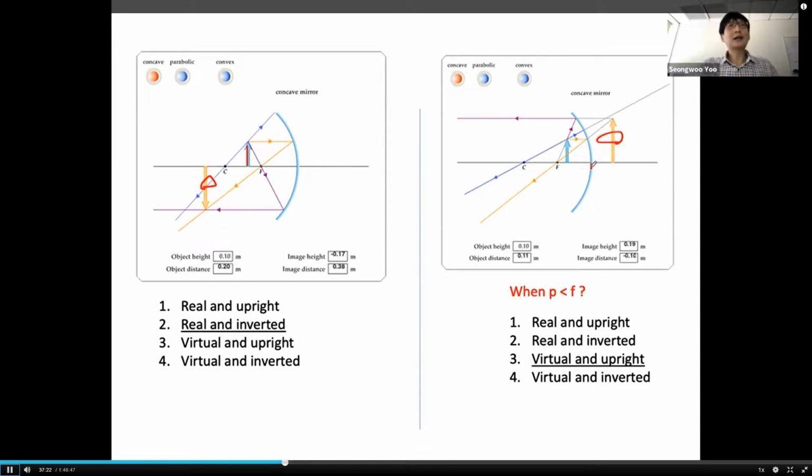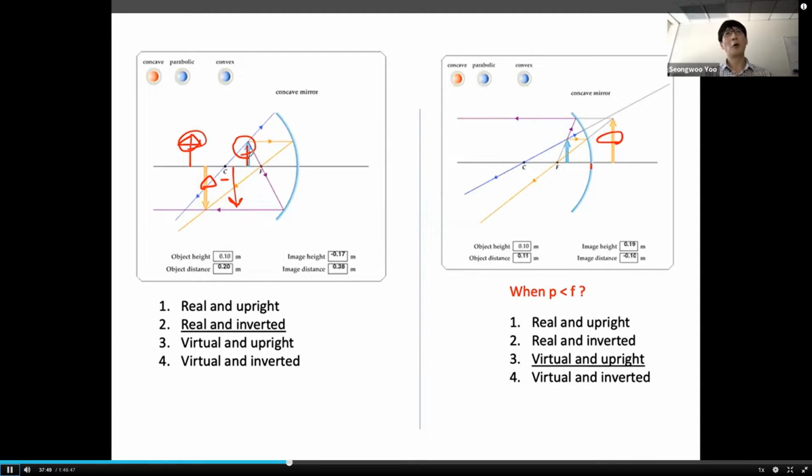And another interesting point is this: when your object is placed in front of the center of the curvature, then your image is going to be still a real image, but the image will appear in front of your object, all right?